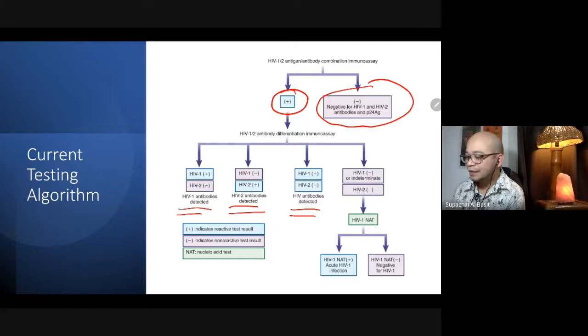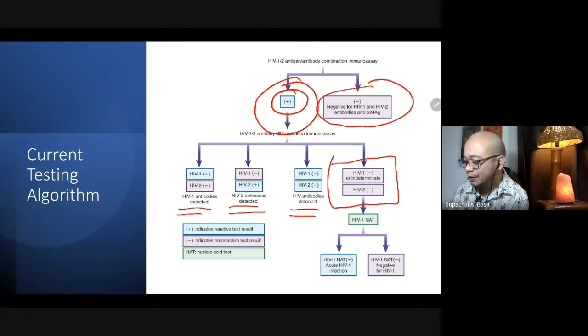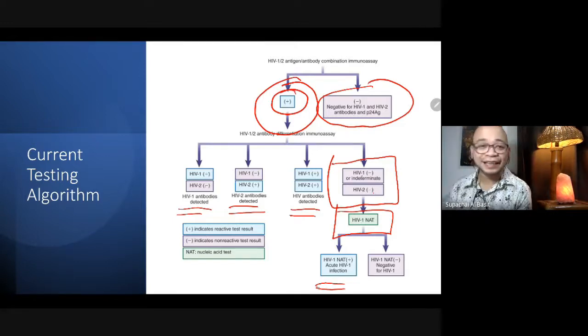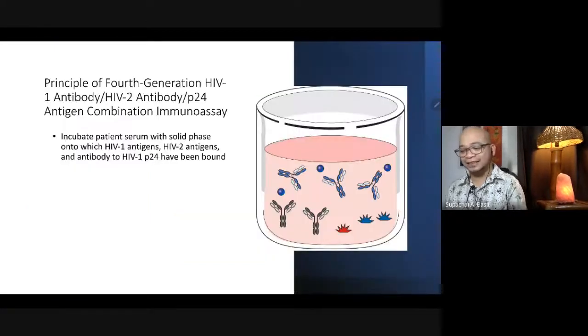But if you are positive here, but you happen to be negative here, you have an indeterminate result for HIV-1 and HIV-2. It is time that we do the nucleic acid hybridization technique. If it's positive, then you are positive for HIV-1 infection. If it's negative, then you are indeed negative. This is now the acceptable testing algorithm as proposed by the World Health Organization.